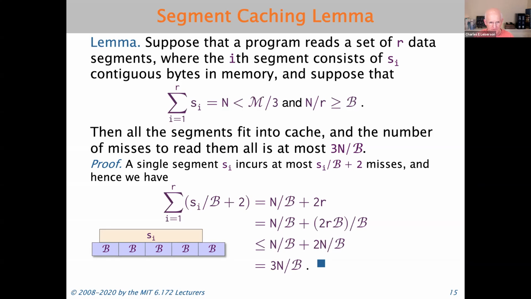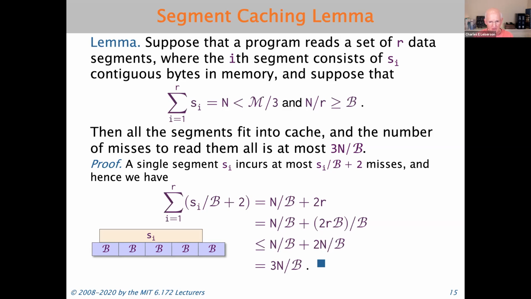Let's first figure how many misses occur when we access the ith segment, bringing it into cache, presumably, if it isn't there already. I have a little picture there in the lower left. S sub i begins in one cache block and ends in another, spanning several cache blocks in between.